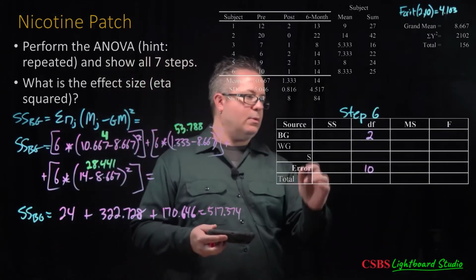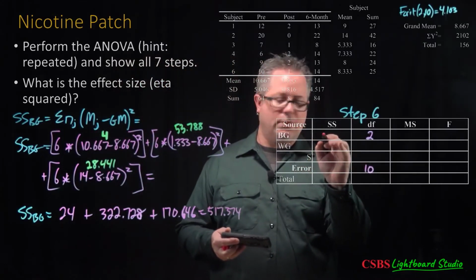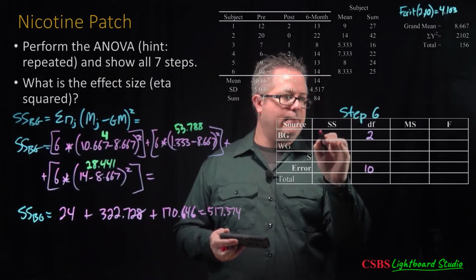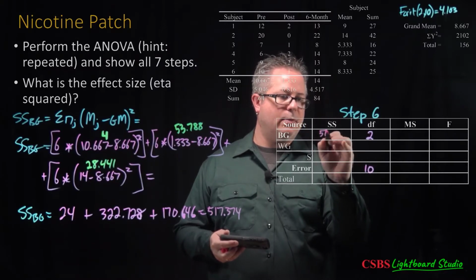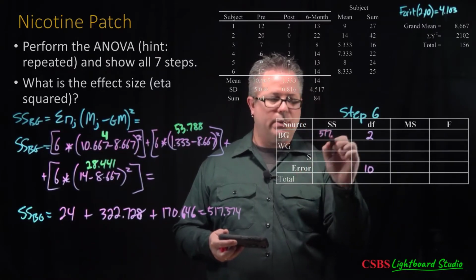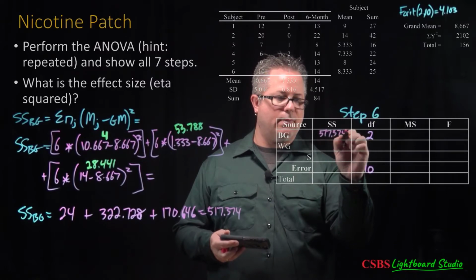That means we go here to our sum of squares between, and this ends up being 517.374.